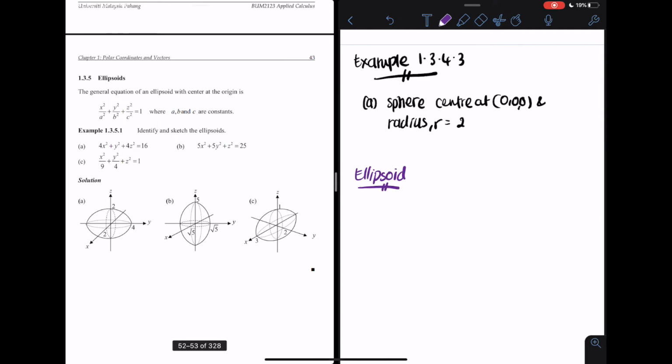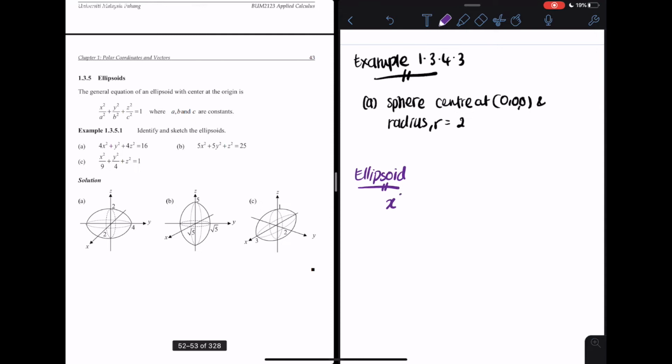The standard equation that represents an ellipsoid is somewhat similar to the equation that represents a sphere.